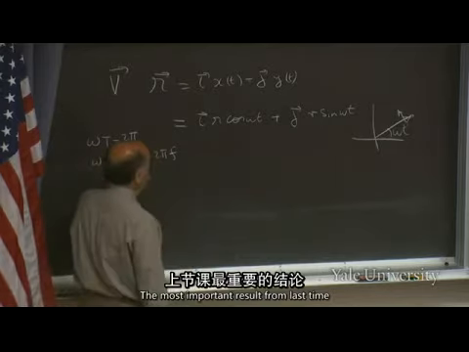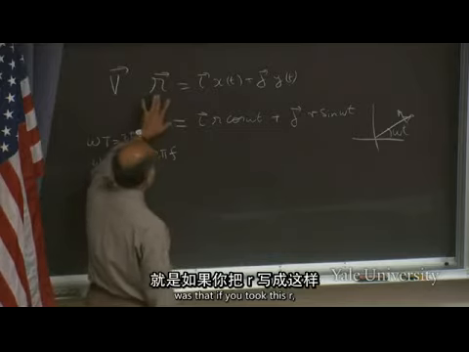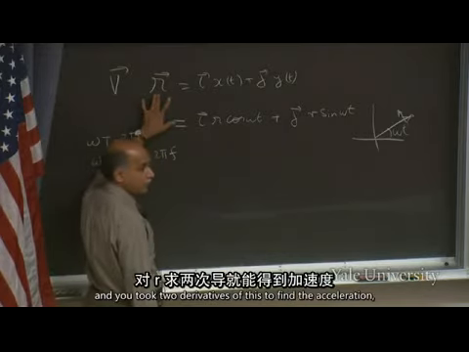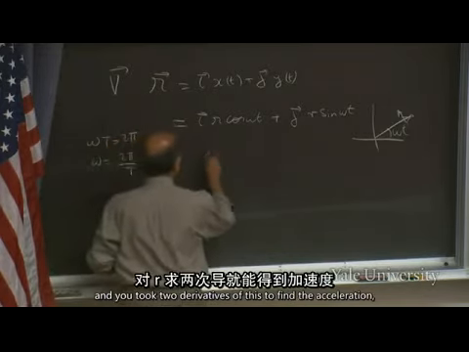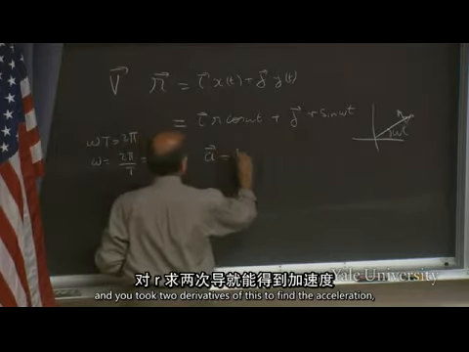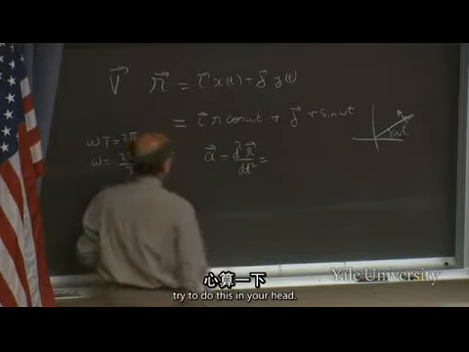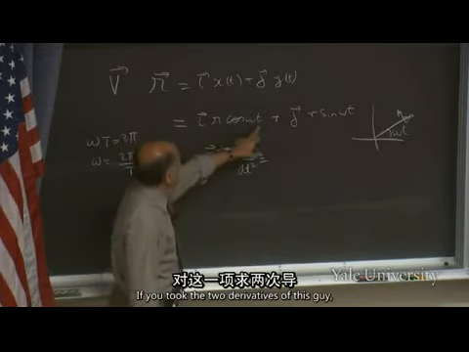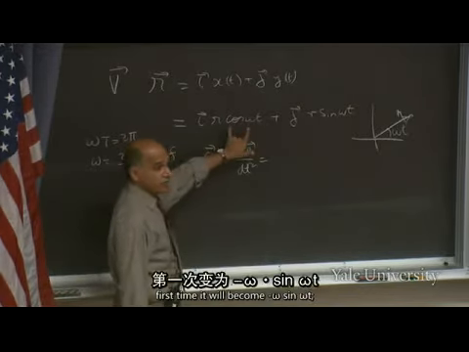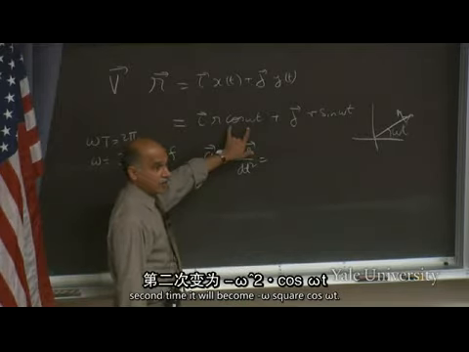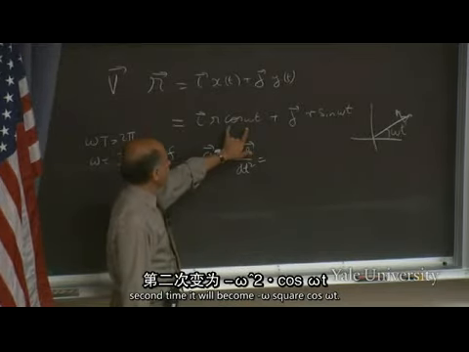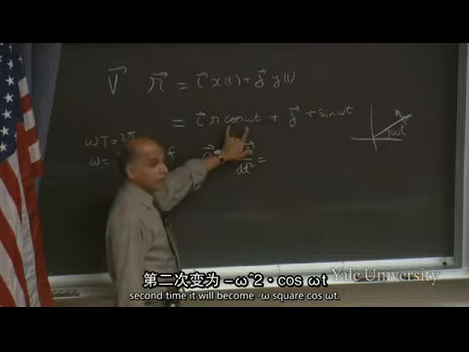The most important result from last time was that if you took this r, and you took two derivatives of this to find the acceleration, d2r over dt squared, try to do this in your head. If you took the two derivatives of this guy, first time it will become minus omega sine omega t. Second time it will become minus omega squared cos omega t.